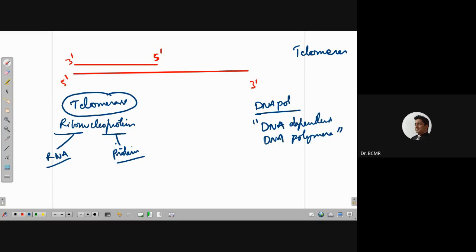It polymerizes DNA, and the template must be DNA. This dependency is about the template. What is the template in replication? It is DNA. And what is the thing that is formed in polymerization of DNA? It is DNA. What is being formed is what you're calling here.